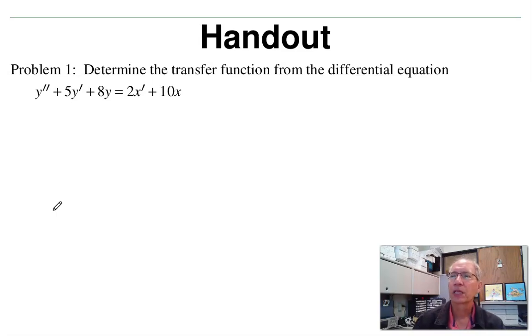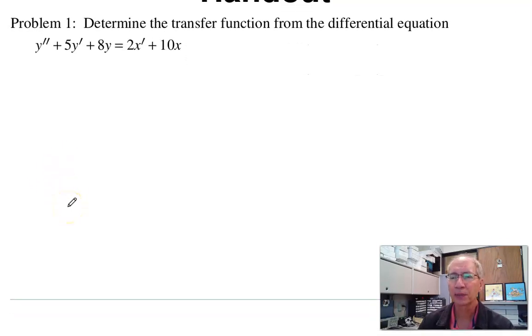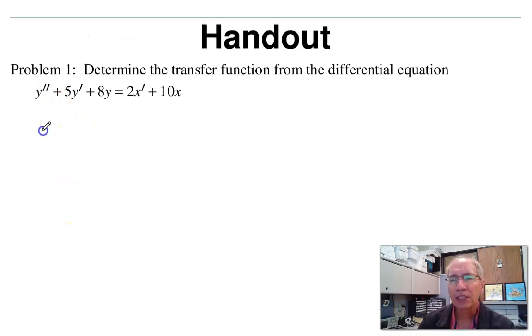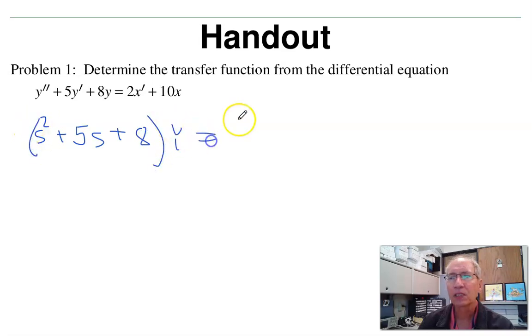So, here's the handout. First problem in the handout. Suppose x and y are related by the following differential equation. What's the transfer function from x to y? Well, you can almost write that out by hand. Again, this is going to be s squared plus 5s plus 8, all that times y, equal to 2s plus 10 times x.